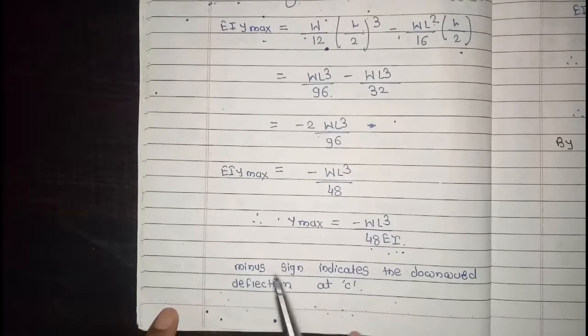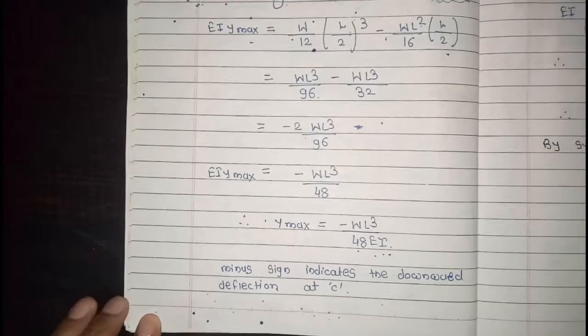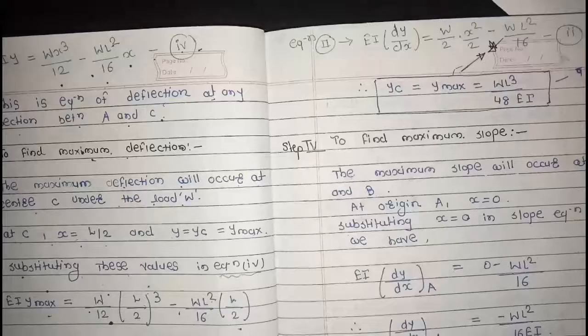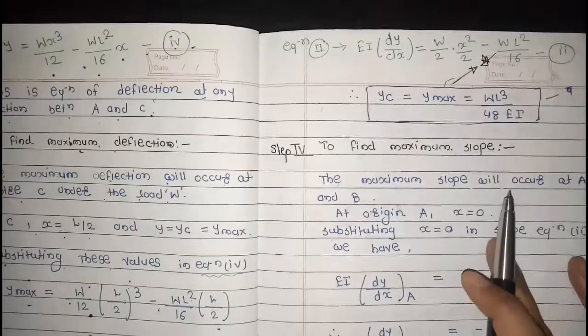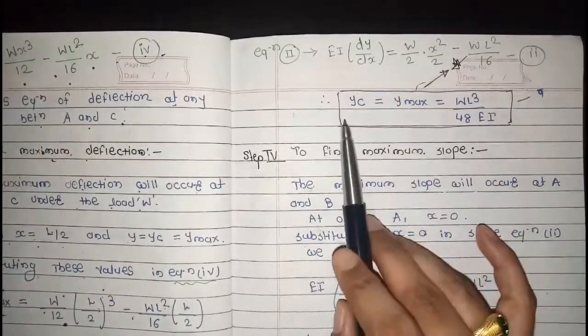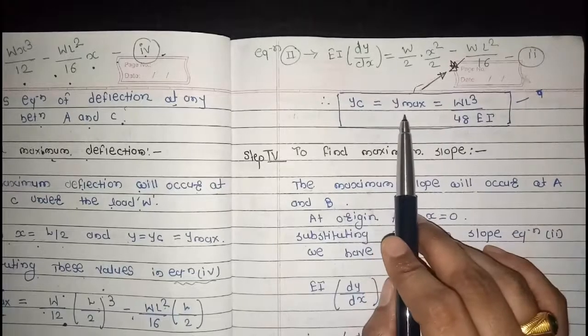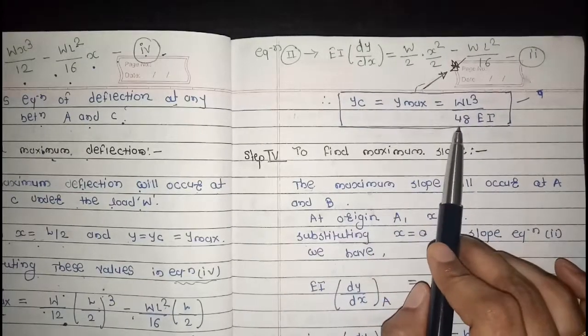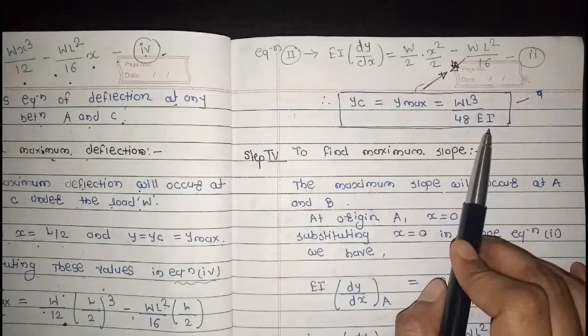The minus sign indicates the downward deflection at point C. So this is the equation of deflection: yc is equal to y max is equal to wL cubed upon 48 EI.